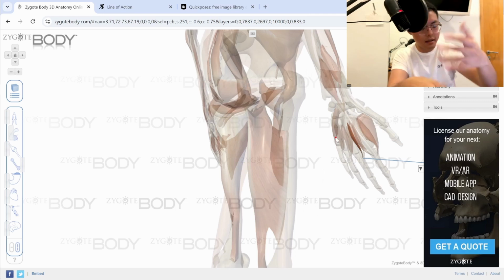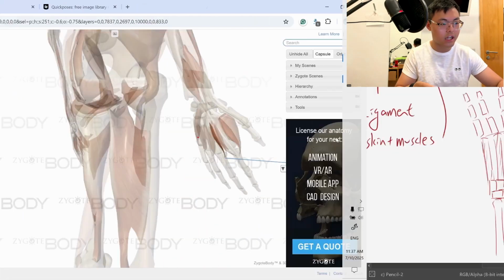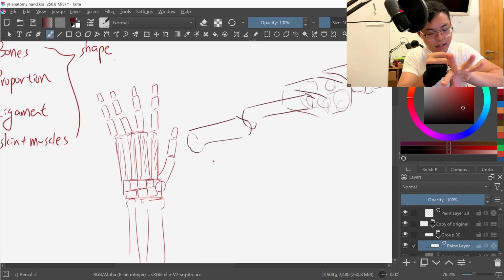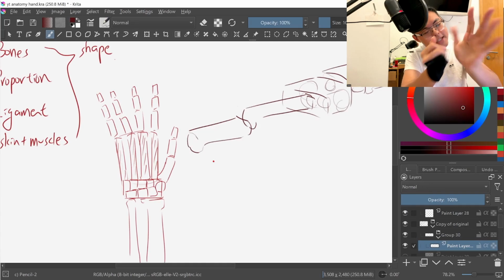So there are two layers of muscles in the hand generally. That's the A muscle here, and that's the B set of muscles here.